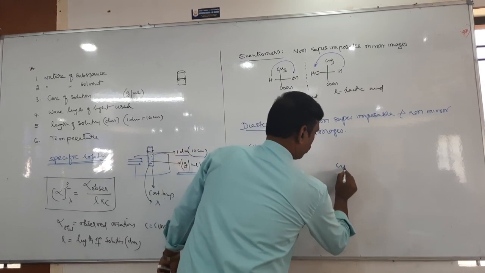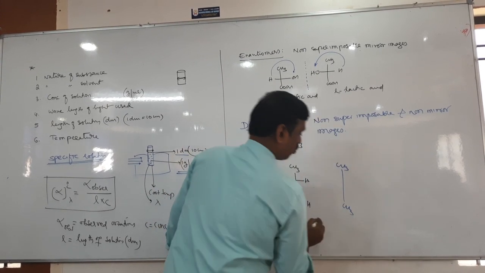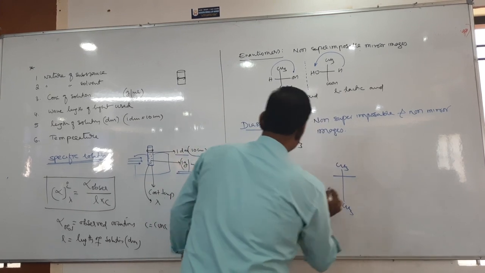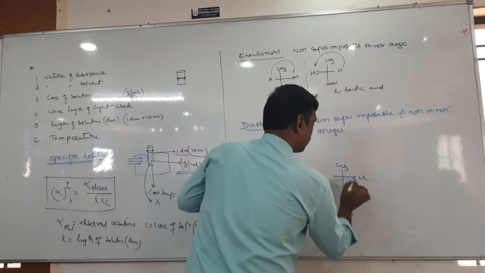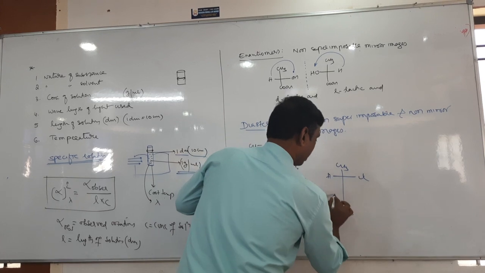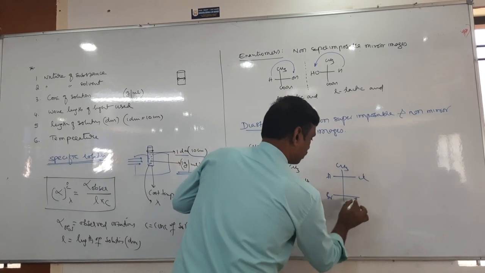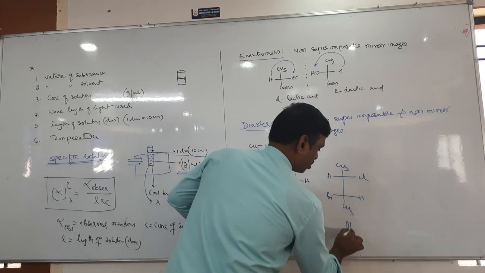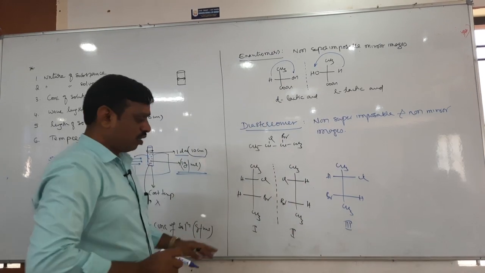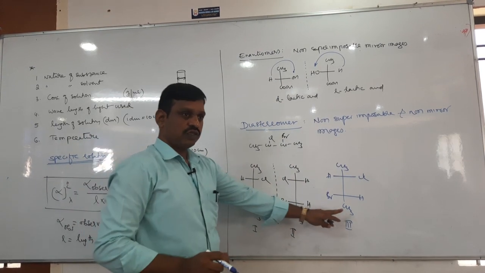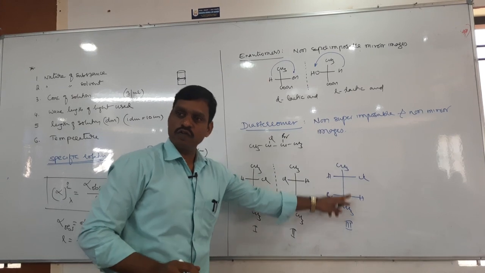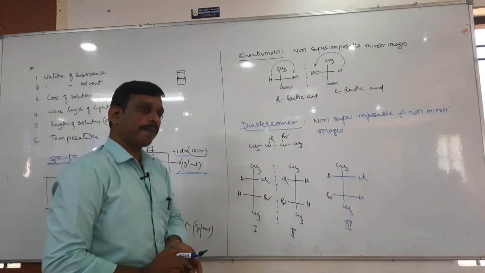I'll write another structure with the same molecular formula. The methyl group will be the same, I do not change it. I'll keep chlorine and H also the same. I'll change the Br position. Take structure 3. Now tell me, structure 3 also has the same molecular formula as the first and second.